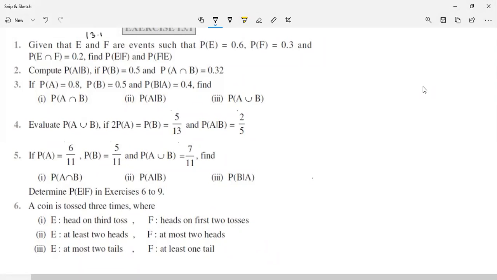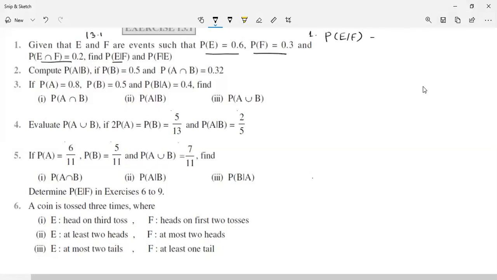So the method I told you. Now E and F are the events here. The probability of event E, the probability of event F, and the intersection are all given. Find the probability of the event E when F has occurred.